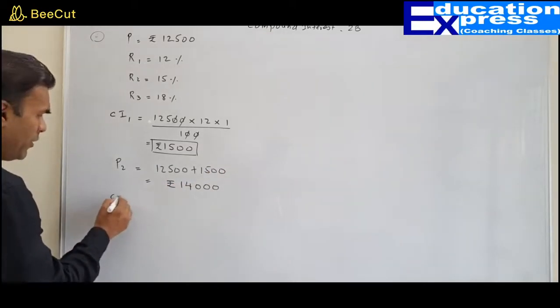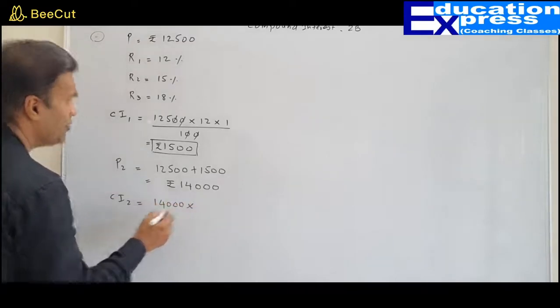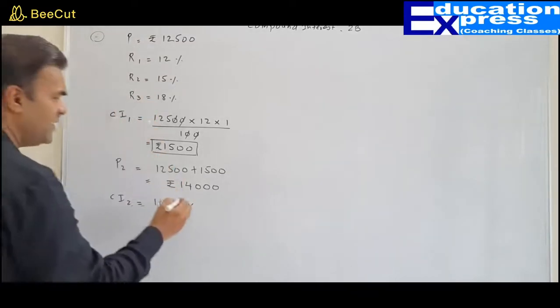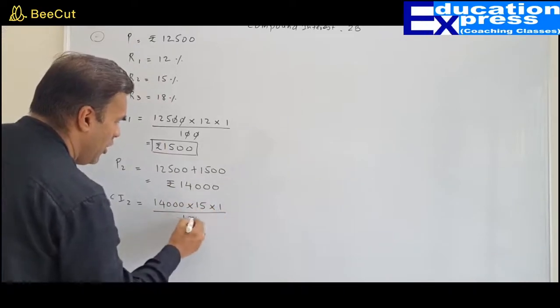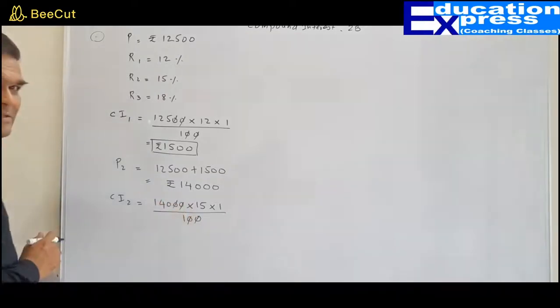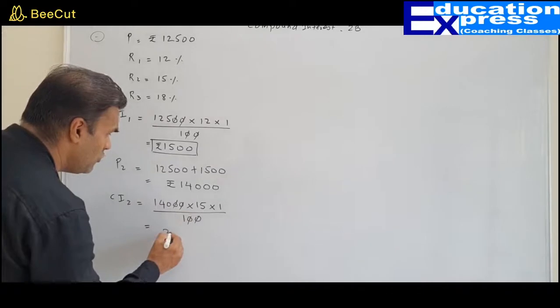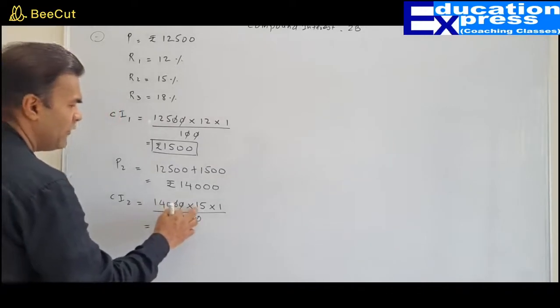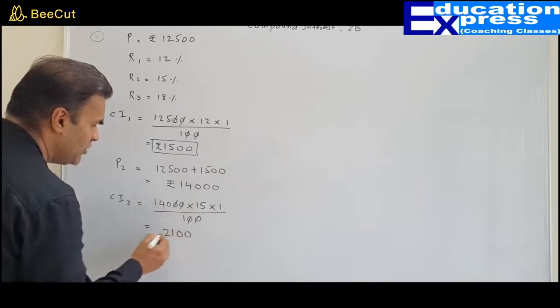Can we find compound interest for the second year? 14,000 P into what is the rate of interest? 15% for 1 year upon 100. 0, 0, 0, 0 cancels. So how much would be the interest amount? 14 into 15, 2,100.